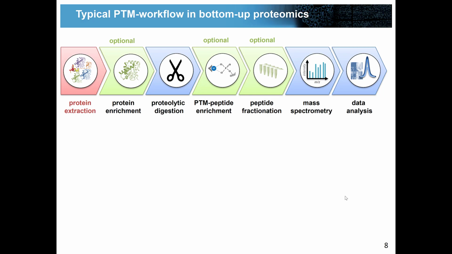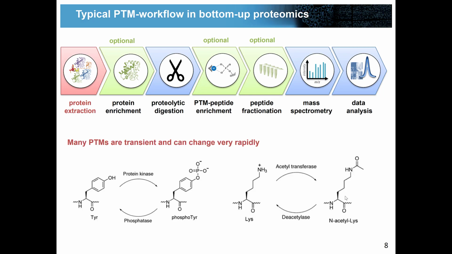So protein concentrations are fairly constant over a certain time frame, while the PTM status of a protein can change within seconds. This is the case because there is usually an interplay of different enzymes in cells that either attach or remove PTMs from proteins.